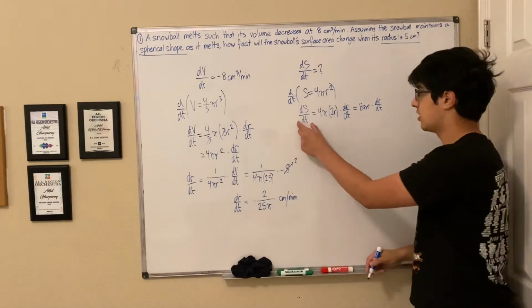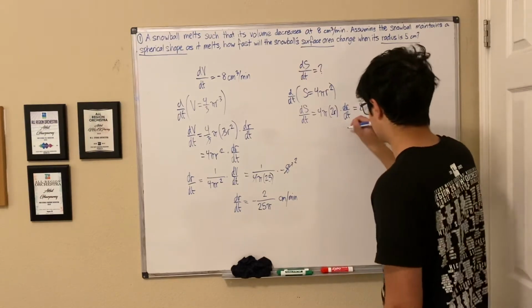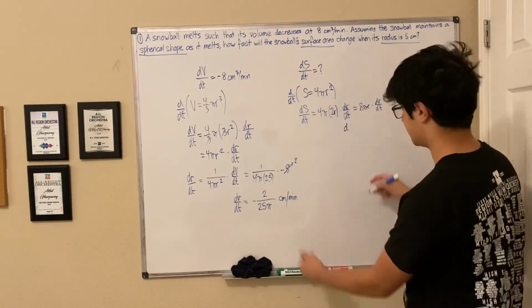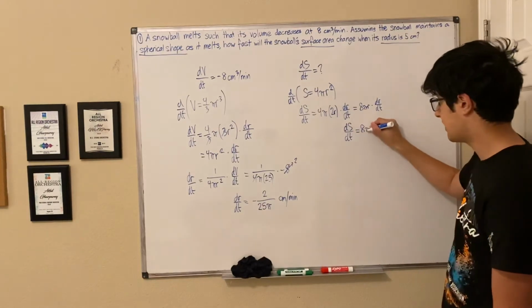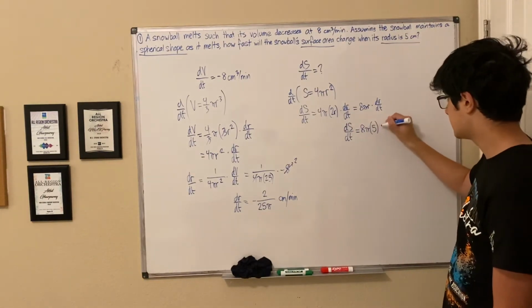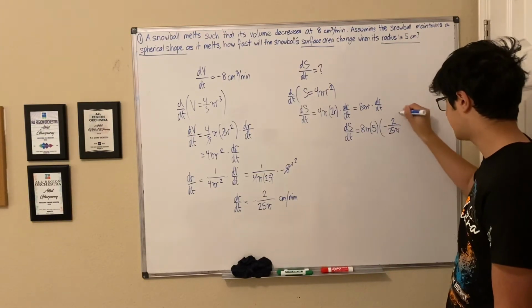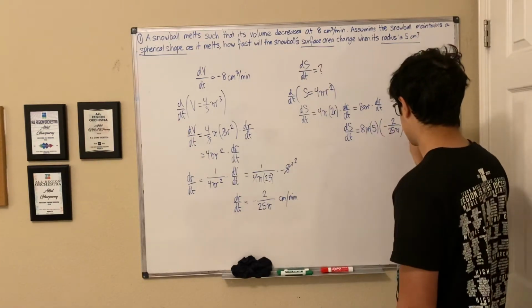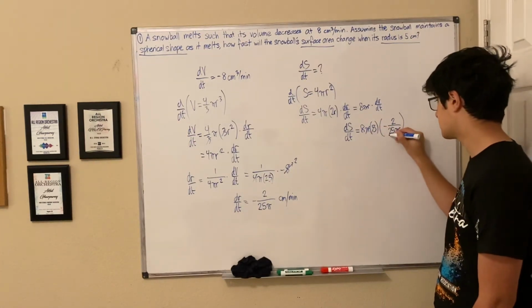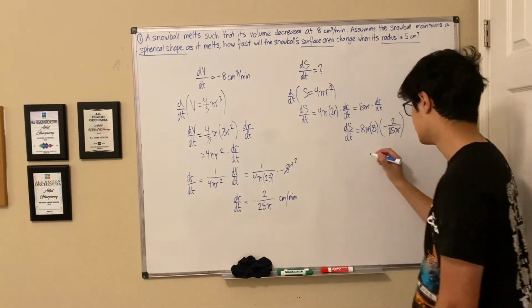Now all I have to do here is plug in our known quantities to get what dS/dt is. So we know what the radius is, and we know what dr/dt is. So dS/dt is going to be 8 pi times 5 times dr/dt, which we know is negative 2 over 25 pi. Now, 8 and 2 multiply into 16, the pi's cancel, and 5 cancels with 25 once because 25 is 5 squared, so that just leaves us with the 5 in the denominator.